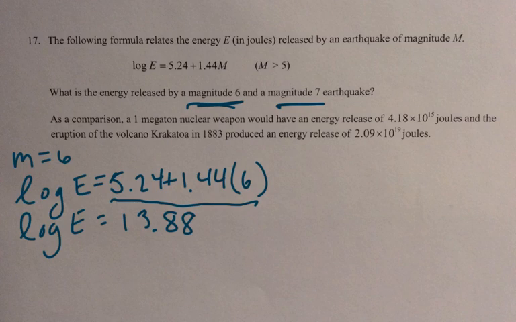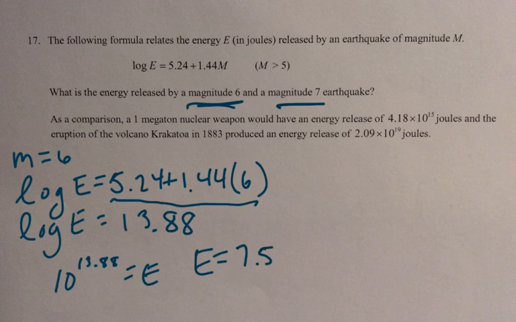To solve this, we're going to rewrite this in exponential form because I have log on one side. So the base here is 10, so essentially it's 10 to the 13.88 equals E. So when I solve that, I get that E is equal to 7.5, rounded to the second decimal place, times 10 to the 13th power. So that is for the magnitude 6 earthquake.